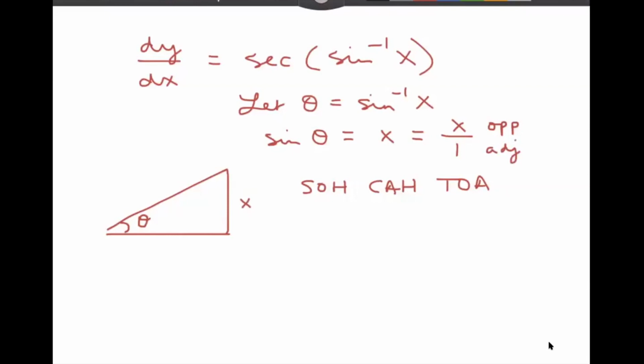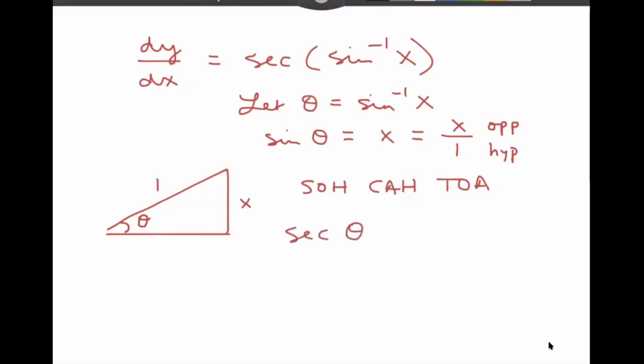It's SOH, not SOA. I thought that looked weird. Yeah, it's supposed to be hypotenuse. Okay, that would be 1. We want to find the secant of theta.